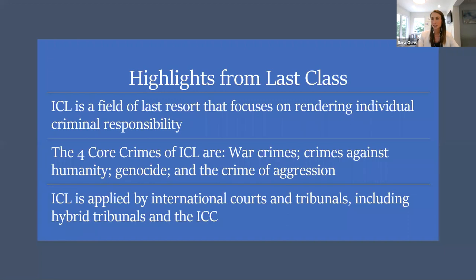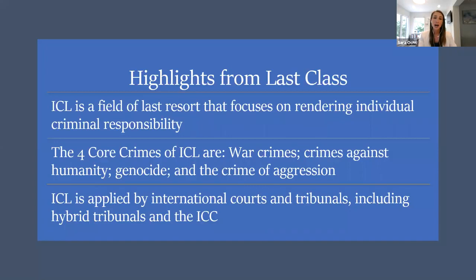And third and final highlight from last class, international criminal law is applied by international courts and tribunals. These include the ad hoc criminal tribunals, which I'll be referencing quite a bit today, the International Criminal Tribunals for the former Yugoslavia and Rwanda. Those are now closed. So there's unlikely to be a future ad hoc criminal court.